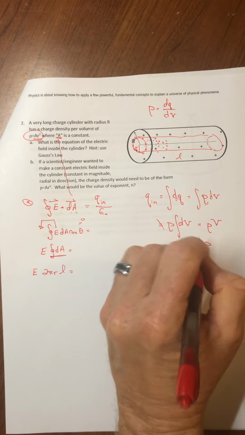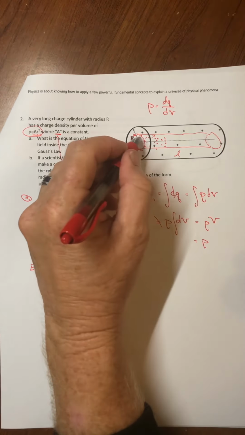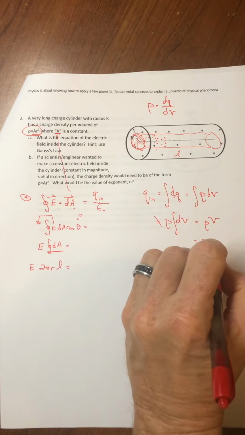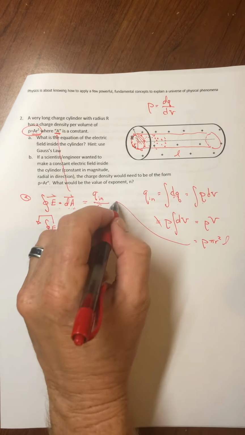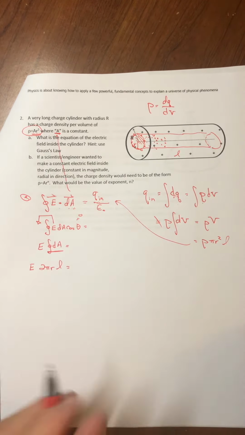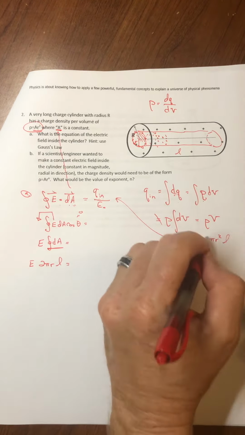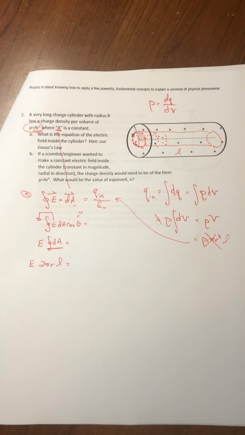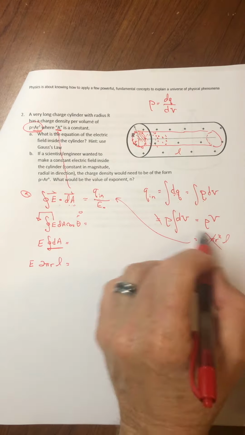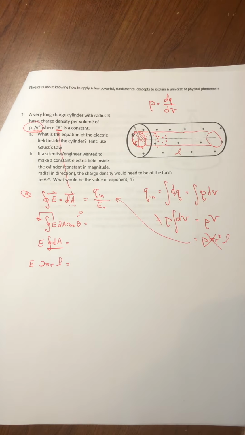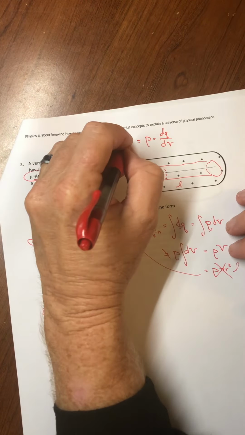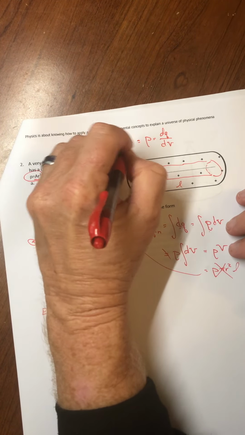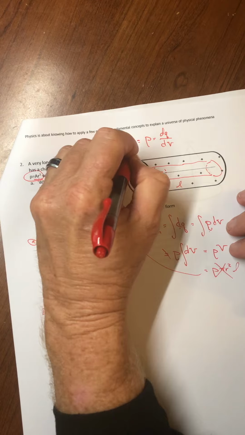And the volume of that Gaussian surface would be this area, which would be pi r squared times its length, and then I would just put that in there and move forward. But that's going to make a mistake there. That's assuming you have the density. That would be the same as saying that the density is the whole charge over the whole volume.